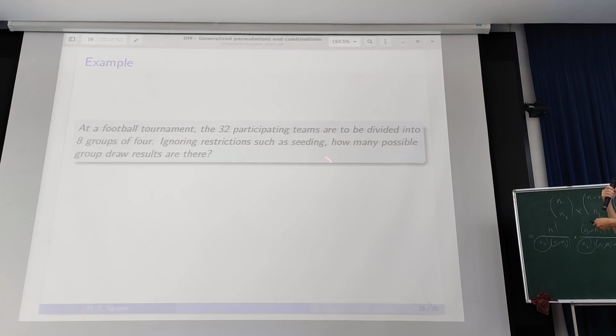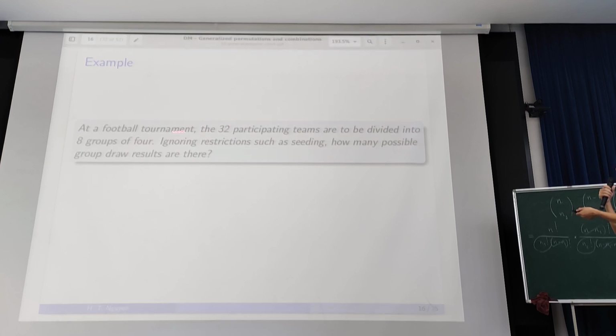Suppose that the draw is completely random. Then how many results are there? Suppose that the groups are labeled from A to H in advance. Here it is easy, right?